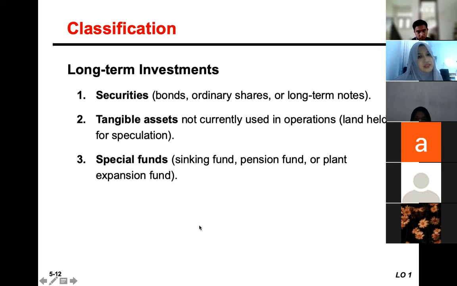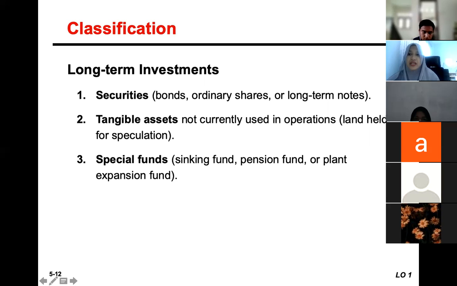Okay. So there is also another component of long-term investment, which is special funds, like sinking fund. Sinking fund is an allocation put by the company to fulfill a certain purpose in the future. For example, there is an obligation that they want to settle in the future, they would allocate that in the sinking fund.